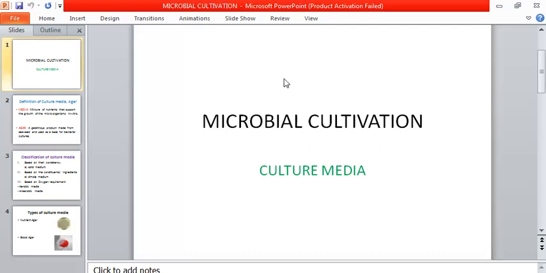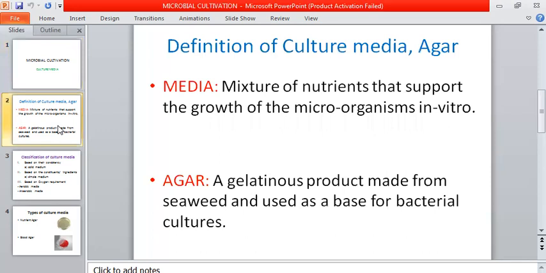So the bacteria are the ones that we look at, and how we cultivate them and grow them in the lab. To begin with, we are going to look at various definitions. To start with, we look at what the media is and understand the various types that we use.